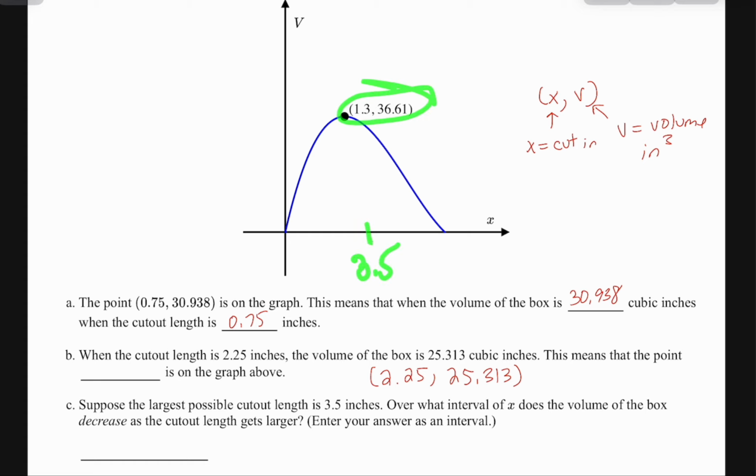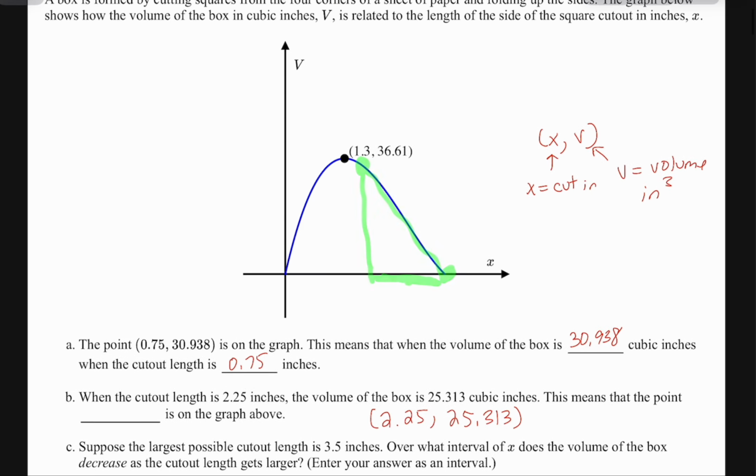So if our X value is at 3.5, so it doesn't match that point very well, but if our highest point is 3.5 and then we're going downhill, okay, we would want to know what this value is. The X is from here to here. So if this is 1.3, in this case, mine would be 3.5.